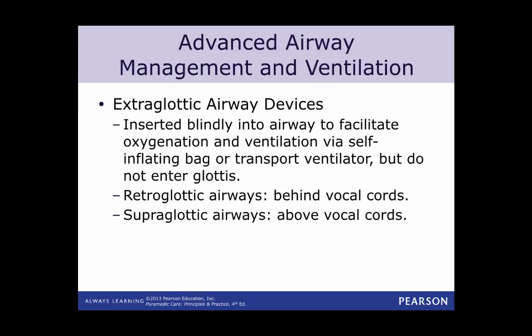They are inserted blindly into the airway. There's retroglottic airways, so they're behind the vocal cords. There's that supraglottic airway, which is above the vocal cords. Most of what we deal with, at least in Eastern Tennessee, most ambulances is going to be that supraglottic airway. Okay, so something above the vocal cords.